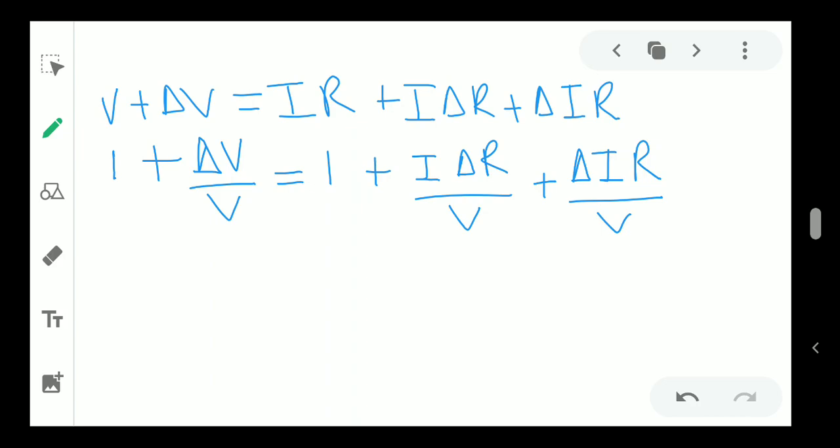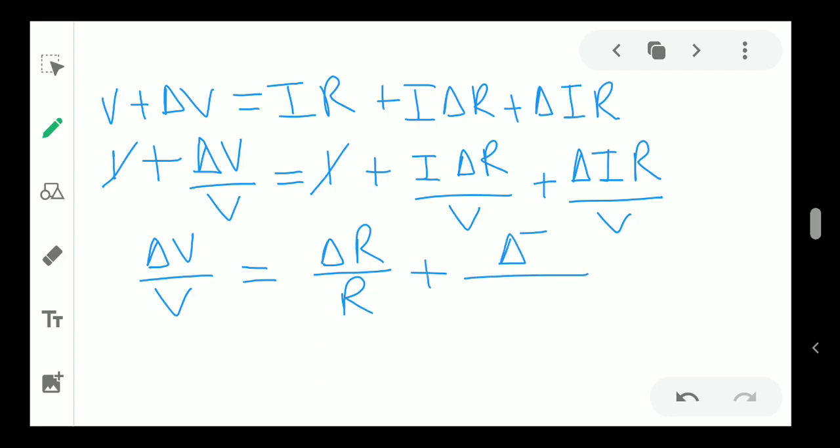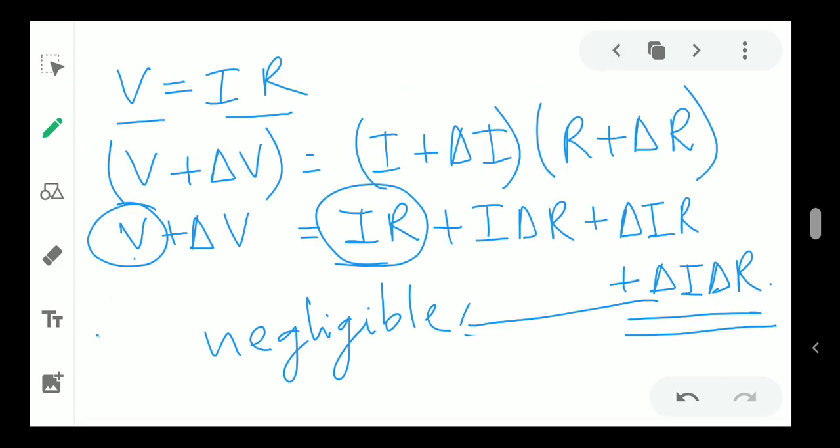Now in the next line I can cut this 1 and 1. So delta V by V is equal to, see, I by V is 1 by R, so it can be written like this, and R by V is 1 by I, so we can get this from the relationship V is equal to IR.